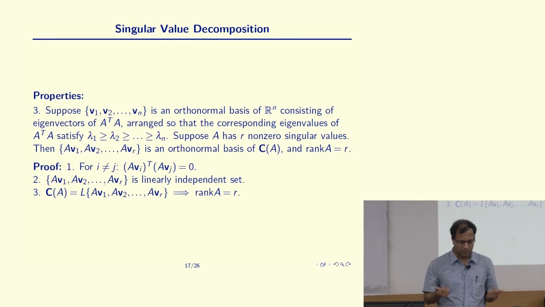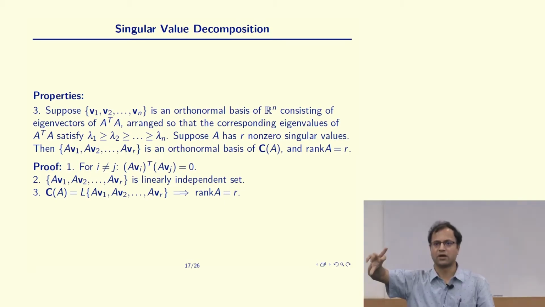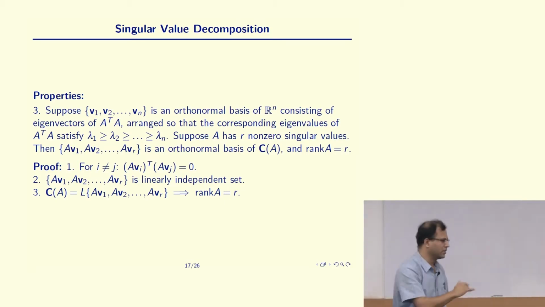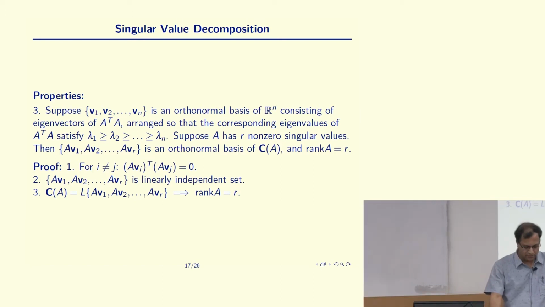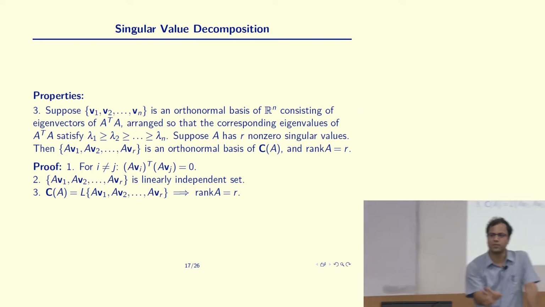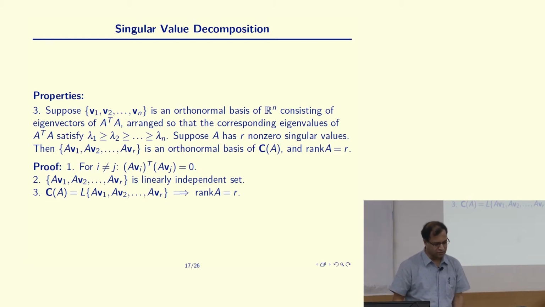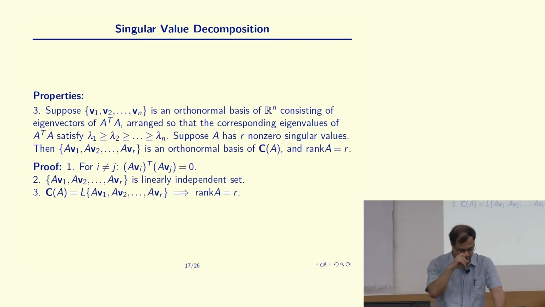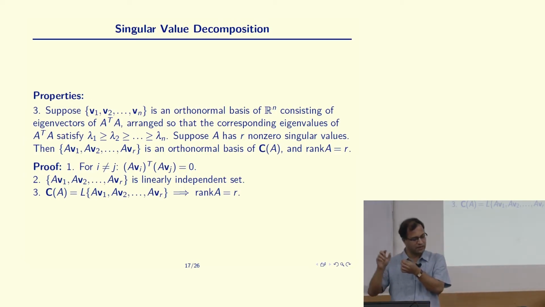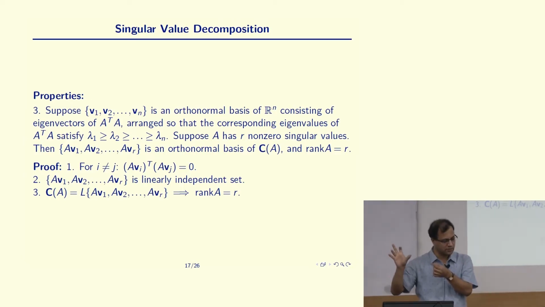How to prove the linear independence? We need to use this property also. You take a linear combination of these, and then you can show that this will be a linearly independent set. First of all, consider these n vectors, AV1, AV2, up to AVn.